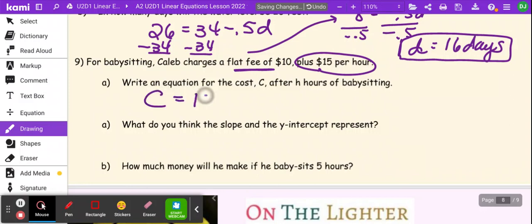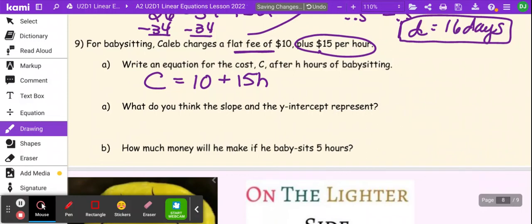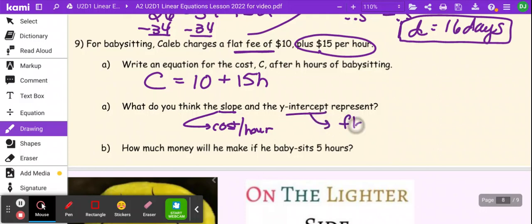Well, again, it's flat fee plus $15 per hour. All right? And then it just says, what do you think the slope and y-intercept represent? Well, again, the slope is going to represent the cost per hour. And then the y-intercept is that flat fee.